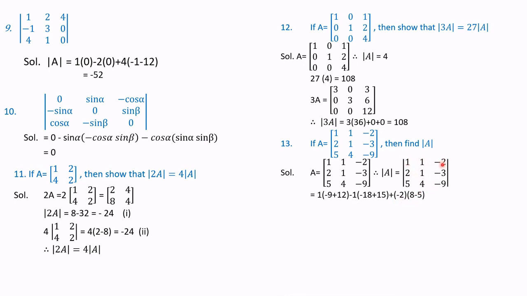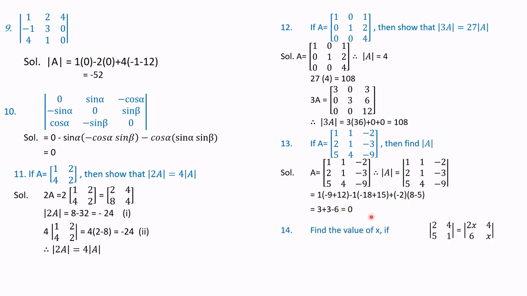We get 2 into 4 is 8. Minus 1 into 5 is minus 5. So that becomes, on simplification, 3 into 1 is 3, and this is minus 3 into minus 1 is plus 3, and this minus 2 into 3 is minus 6. Therefore, this is 0.